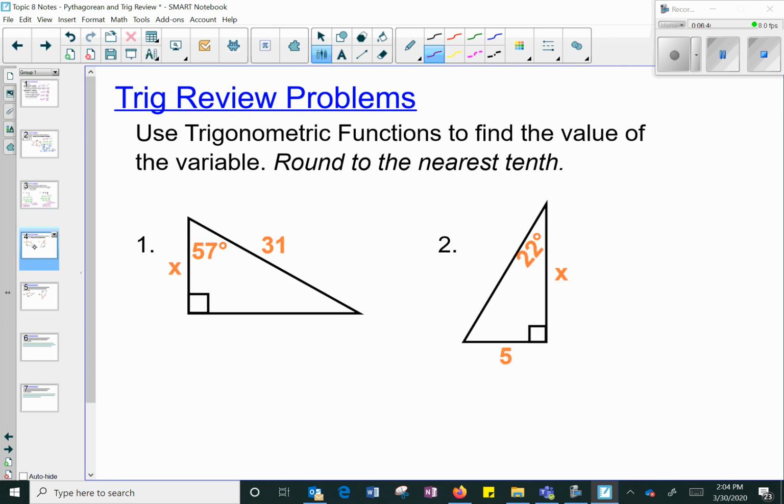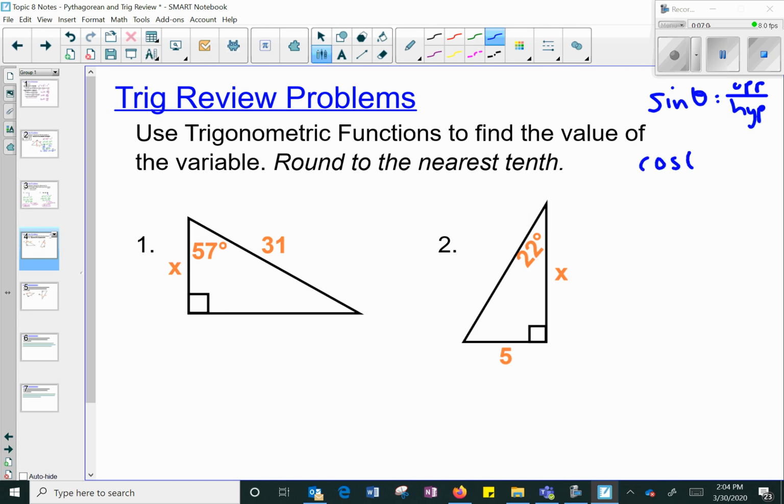All right, moving forward. We can also use our trig functions to find the values of specific sides of a right triangle. The hardest part here is trying to identify which sides represent which within our trig functions. So remember, our trig functions: sine of theta is equal to opposite over hypotenuse.